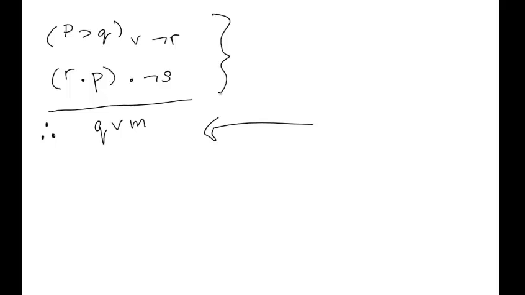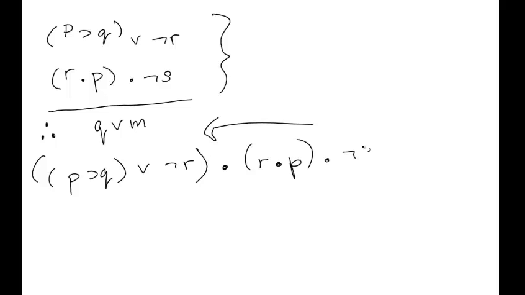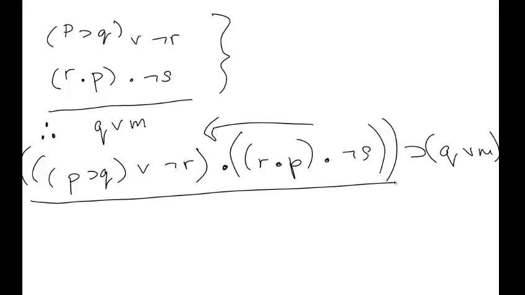So we do something like: if P then Q or not R, and R and P and not S, then Q or M. So notice what I've done here: this section here is the conjunction of the premises.